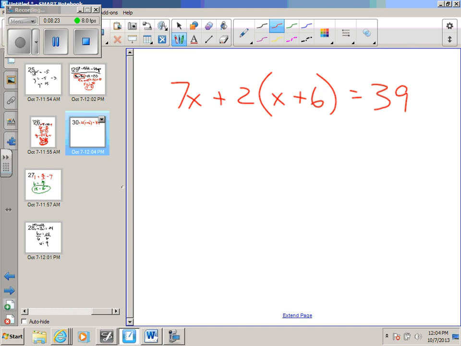First thing here. What do we say? Sometimes you have to simplify before you simplify. What do you see up there that has to get taken care of? Yes. So what property should we use? Very good. So I'll just take the 7x and bring it right down.